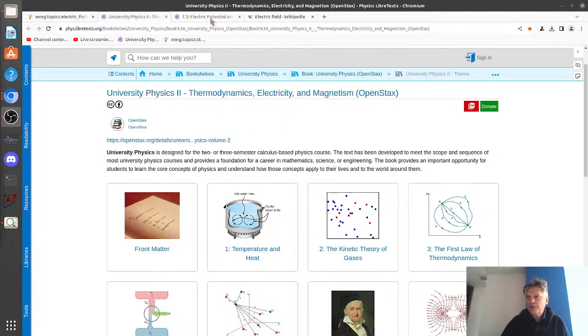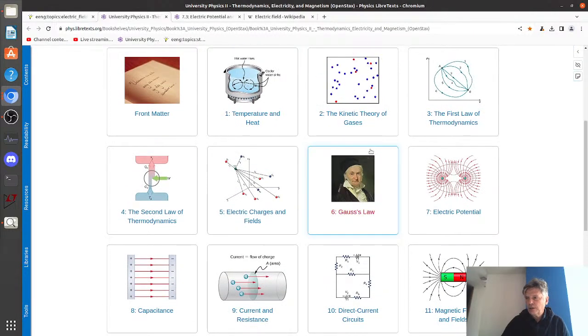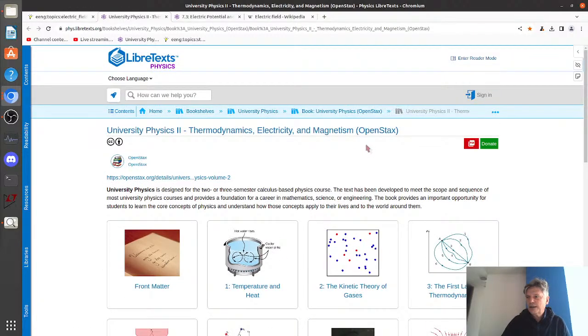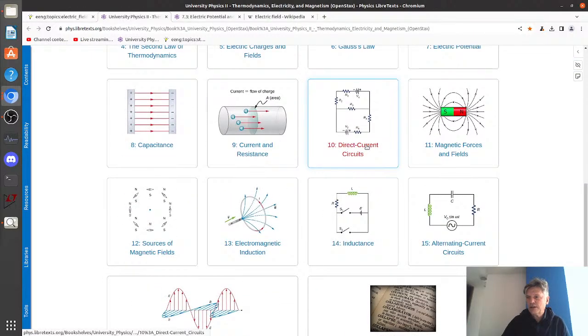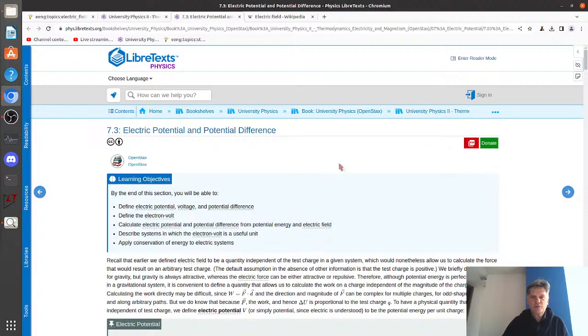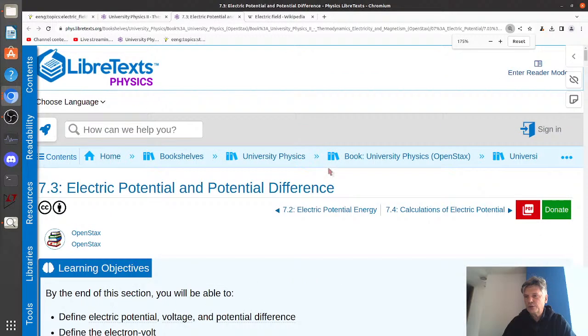Chapter 7.3 covers pretty much the stuff we want to discuss also in electrical engineering. The chapter I was inspired by is the electric potential and potential difference of this particular book.